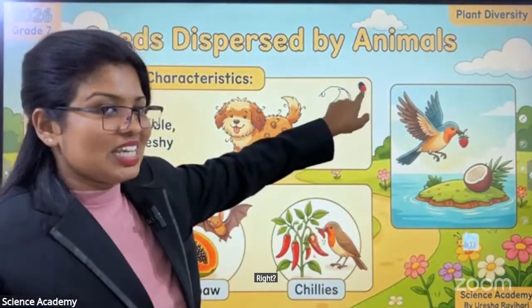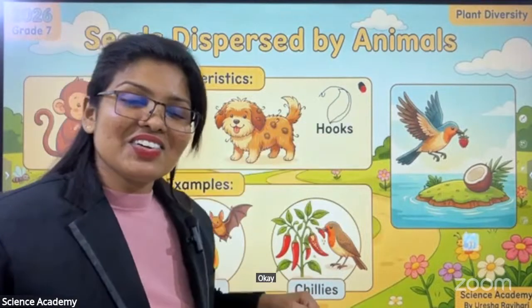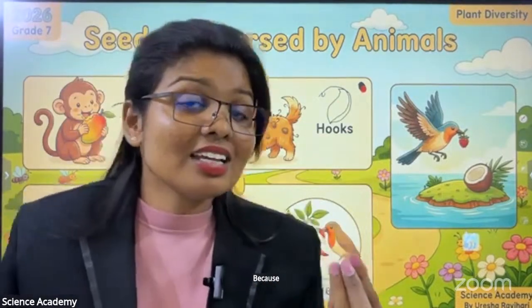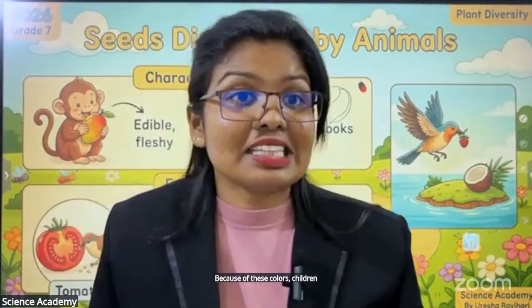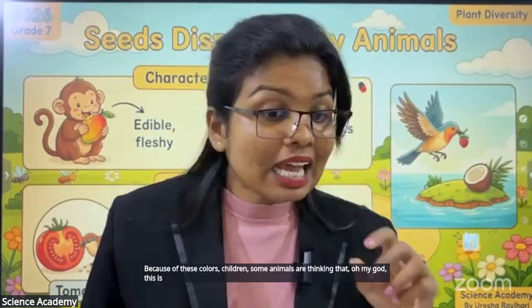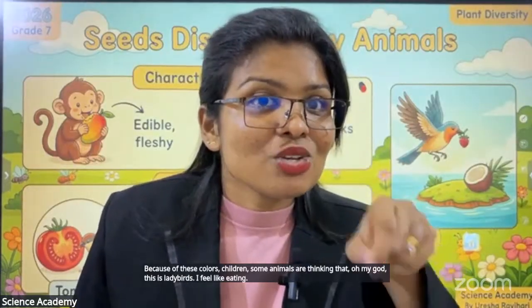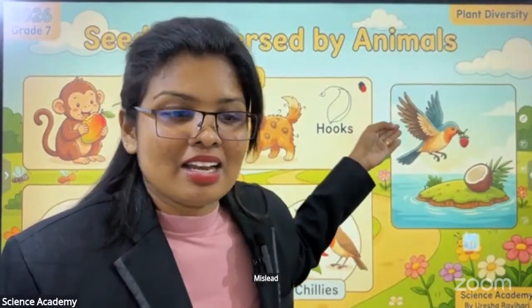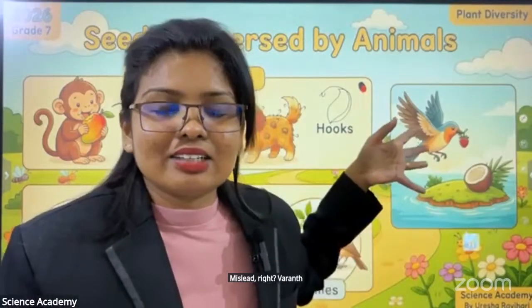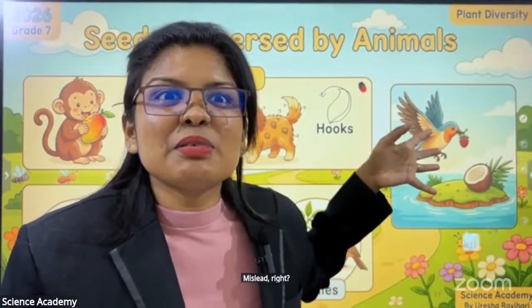This kind of seed. Okay, so children, because of these colors, some animals are thinking, oh my God, this is a ladybird, I feel like eating, right? So children, these seeds mislead animals.